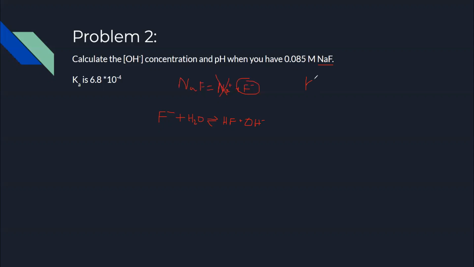So Kb will be the concentration of HF times the concentration of hydroxide, over the concentration of F minus.